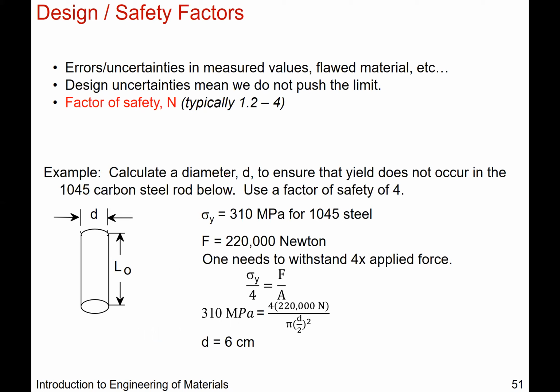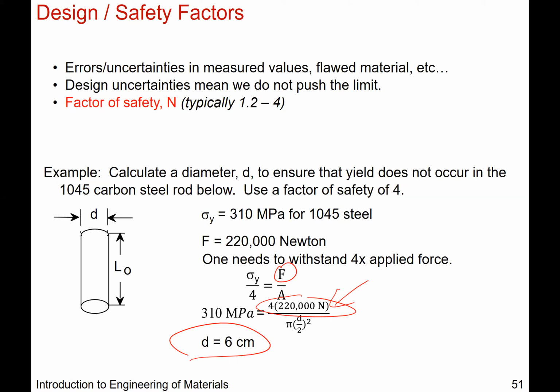If we know the load that a material needs to withstand in service, we'll say the factor of safety is, let's say, 4. Then we multiply the force by 4, and then we know how big in terms of diameter this material needs to be. So if you're designing some gauge cable, what is the minimum diameter it needs to be if you're going to apply a certain load in tension to this cable?